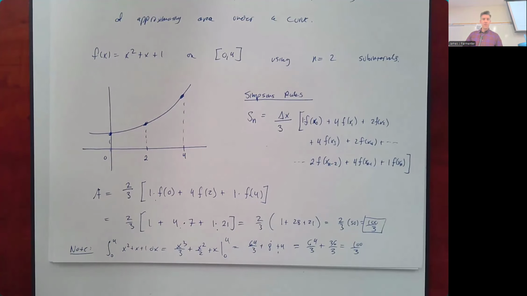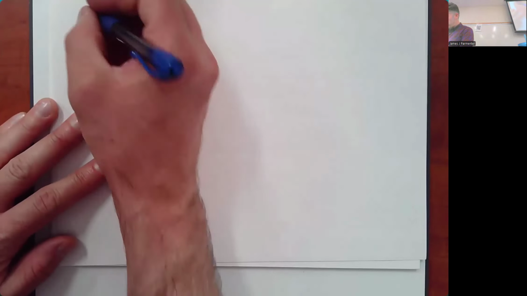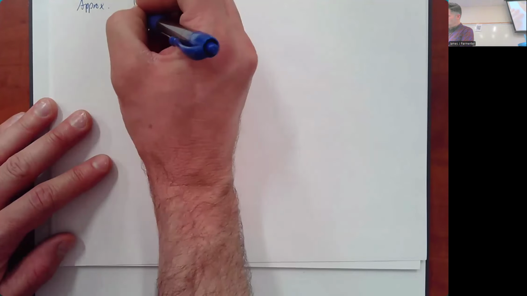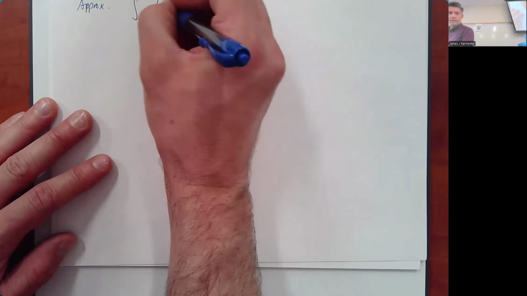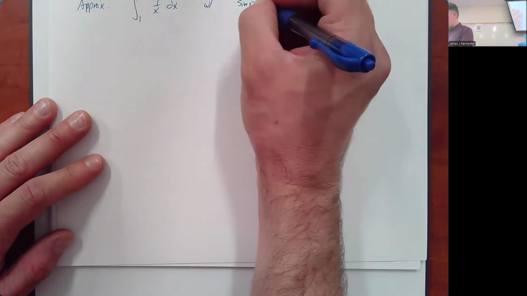Sure. So let's use Simpson's rule for something that is a little bit more sensitive. So we're going to go back to the same example as before. We're going to approximate the integral from 1 to 3 of 1 over x dx with Simpson's rule and n equal to 4.